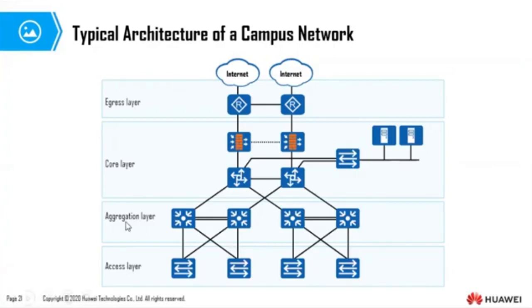Aggregation layer, we might use here the layer 3 devices that now will enable inter-network communication between the access devices. Then core layer, then egress layer that connects us to the internet.